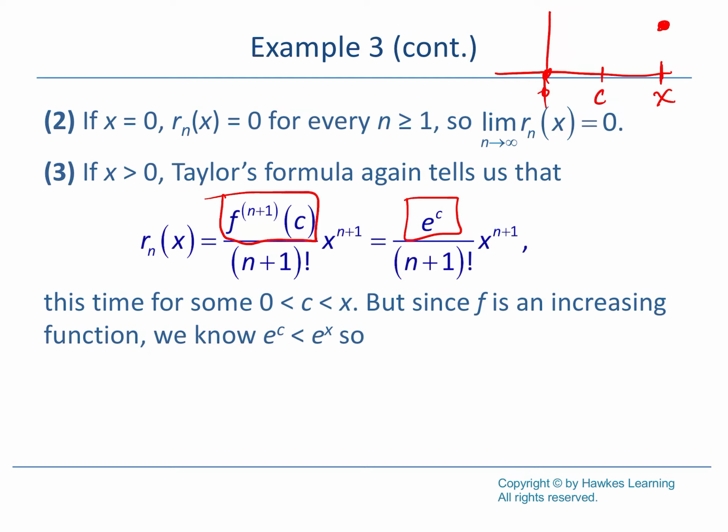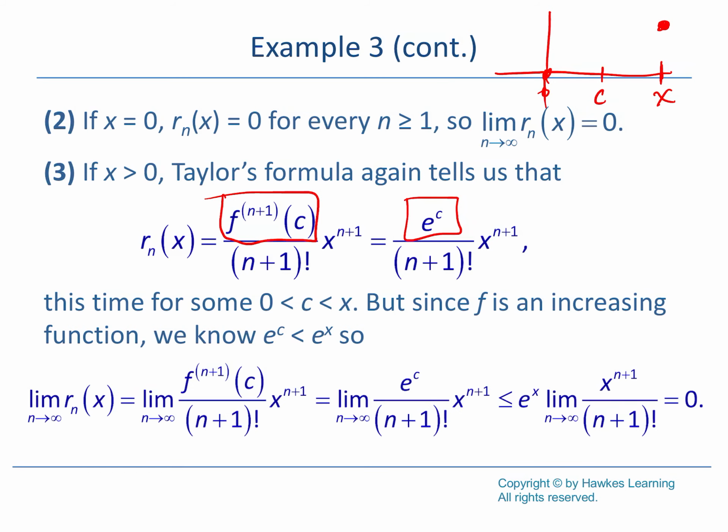And since we know that e is an increasing function, we know that e to the c is less than e to the x. And we're able to do the same thing here. We're substituting in e to the x for e to the c and making this inequality happen. So that again, we get this limit that we know goes to 0, and we multiplied basically something that goes to 0 times e to the x. And as n goes to infinity, this whole thing converges to 0.